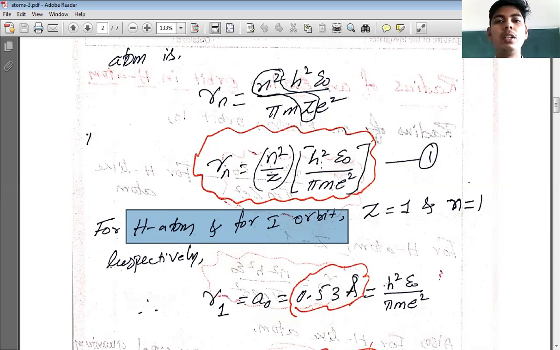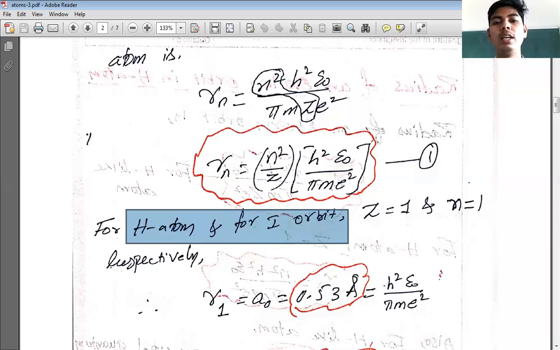h is 6.62 into 10 power minus 34, that must be whole square. Epsilon naught is 8.854 into 10 to the power of minus 12. Pi is 3.142. Mass of electron is 9.1 into 10 to the power of minus 31 kg. Charge of an electron is 1.6 into 10 to the power of minus 19, that has to be whole square. If you evaluate this constant, it comes out to be 0.53, right?